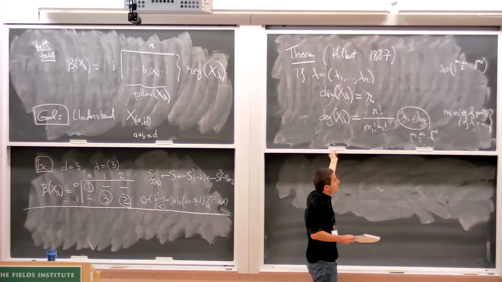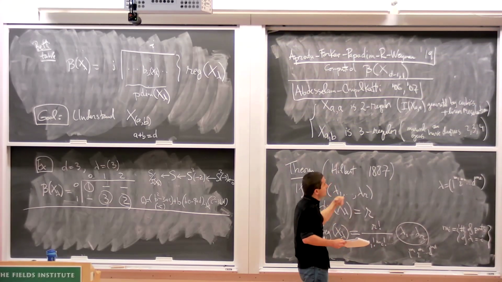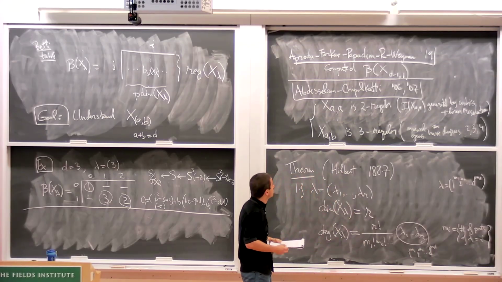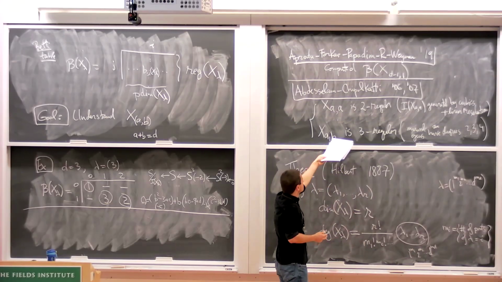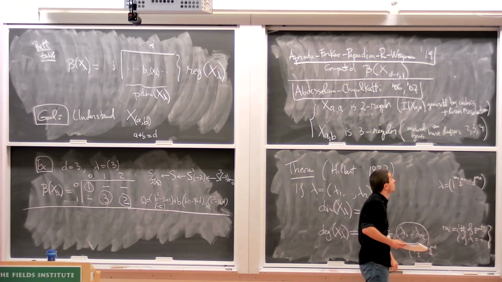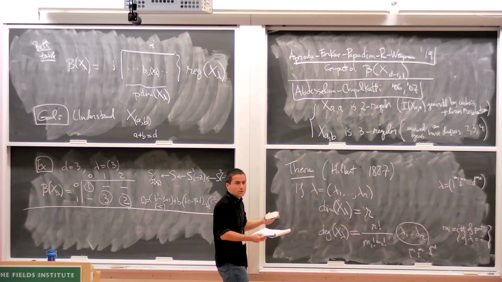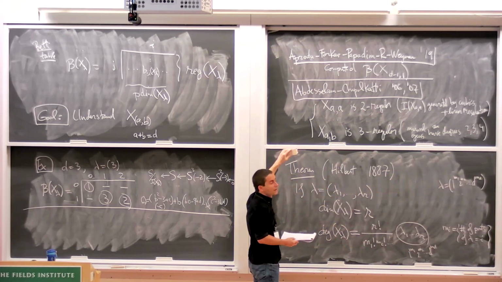So for the tangent developable surface, if the degree is at least 5, I think the ideal is generated by quadrics. But in this more general setting, you can have just degree 4 generators, or you could have some of degree 2, some of degree 4. All kinds of possibilities occur, and we actually don't understand what happens.